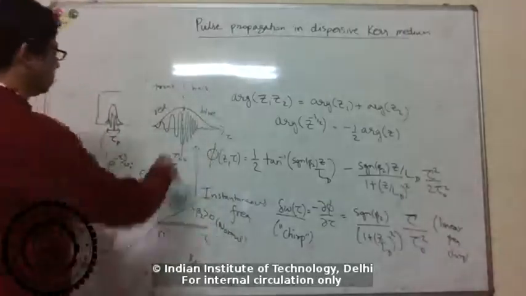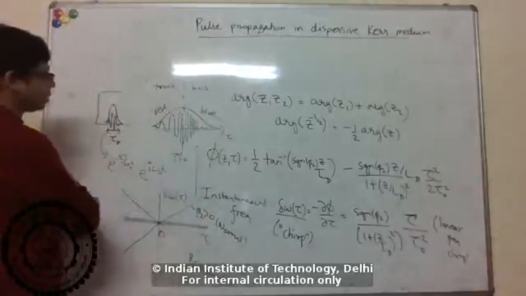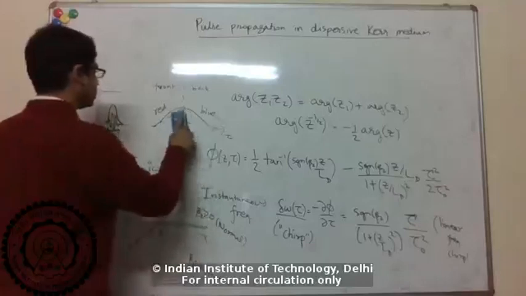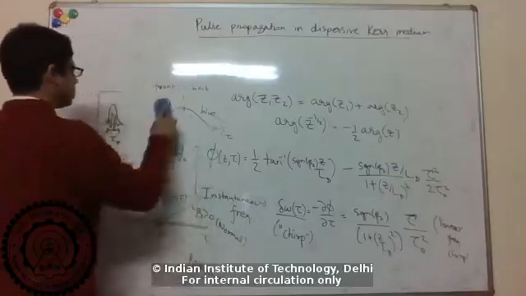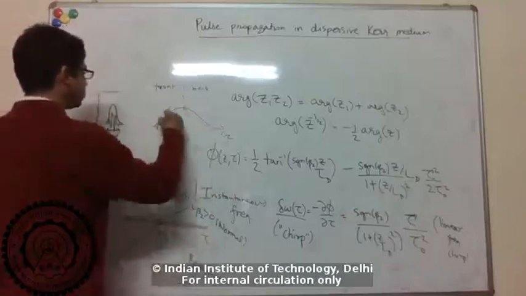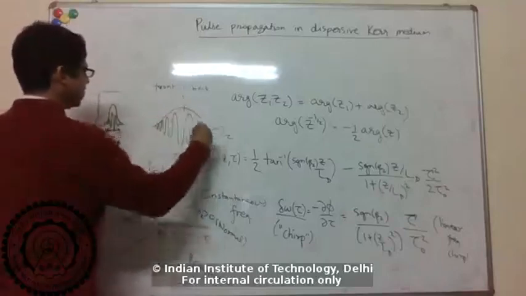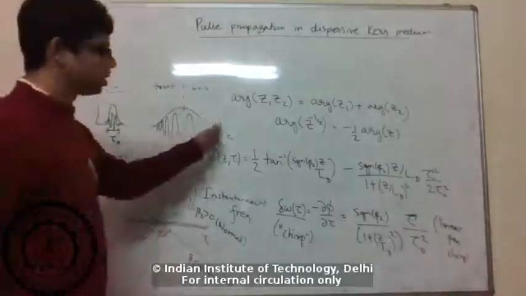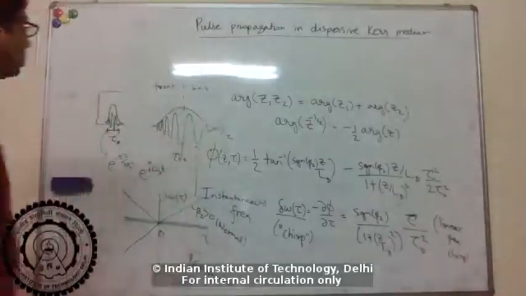For anomalous dispersion, this will be opposite. So this pulse will look like that. The oscillations will become slower as you go from front to back.